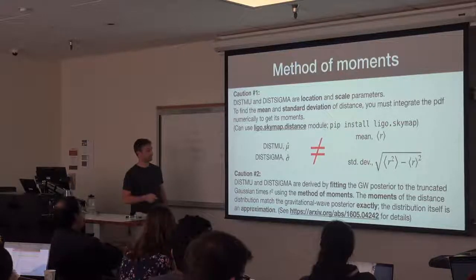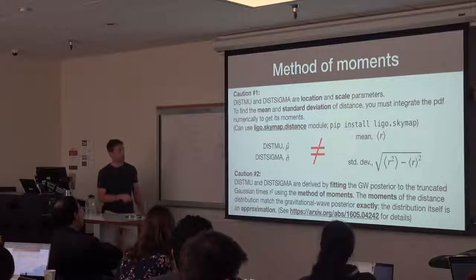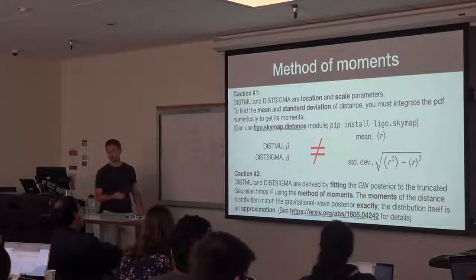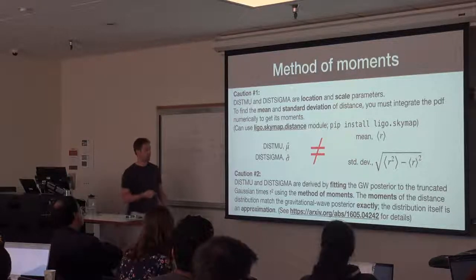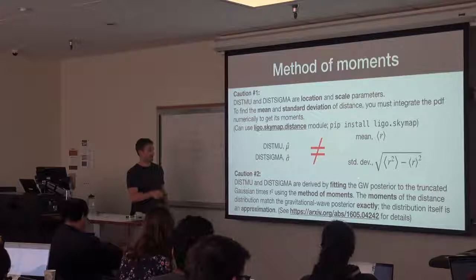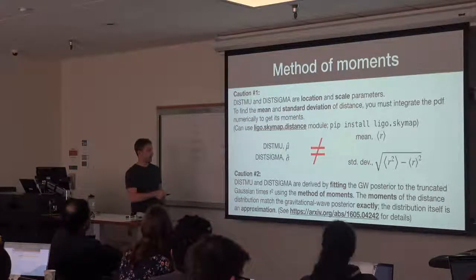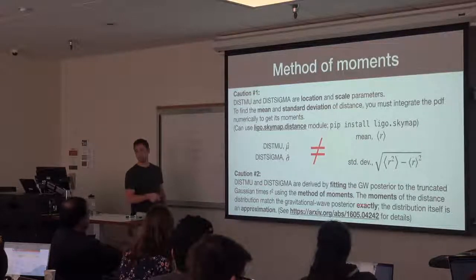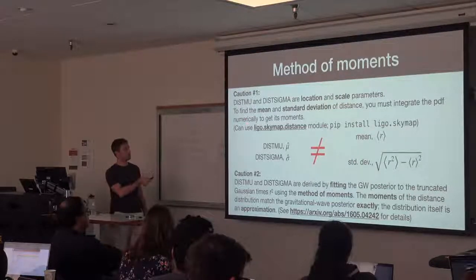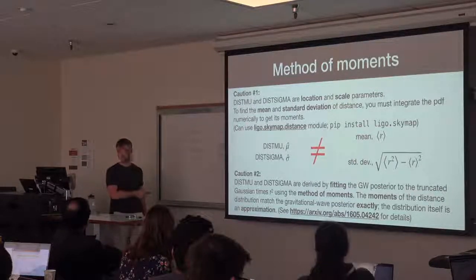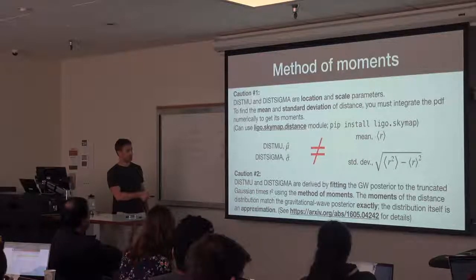Caution number 2 is that these 3-dimensional sky maps are an approximation. They come from taking a somewhat more detailed gravitational wave posterior distribution and fitting it to this Gaussian times r squared using something called the method of moments. What that means is that we set the moments of that equal to the actual distribution, and then we solve for this sigma.